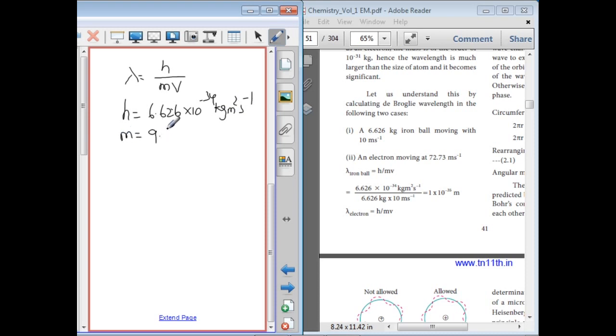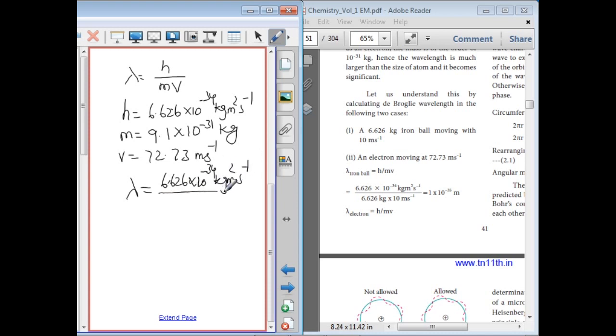Mass of the electron 9.1 into 10 power minus 31 kilogram, and then velocity 72.73 meter second inverse. Lambda equals 6.626 into 10 power minus 34 kilogram meter squared second inverse divided by 9.1 into 10 power minus 31 kilogram into 72.73 meter second inverse.